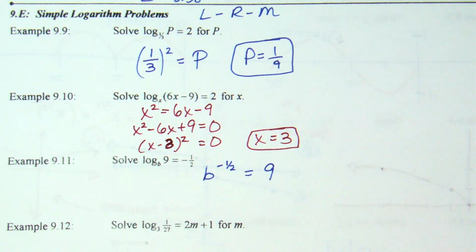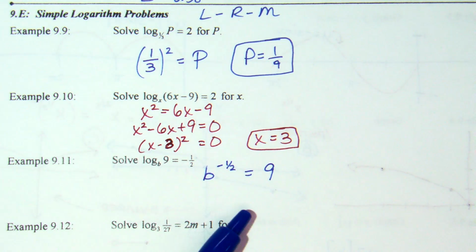What power can I raise the left side to that would essentially eliminate the negative 1/2 so that I will just have B? Power of what? Except I don't want to use positive. I want to use negative.